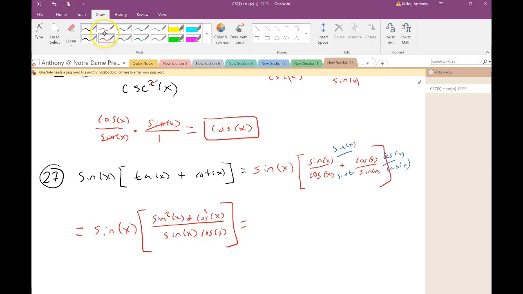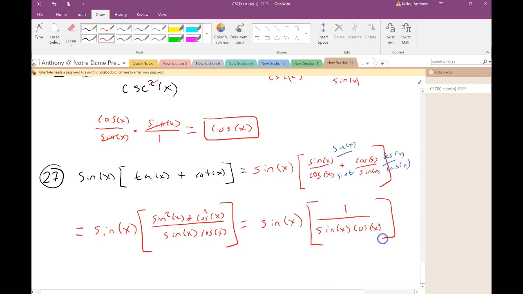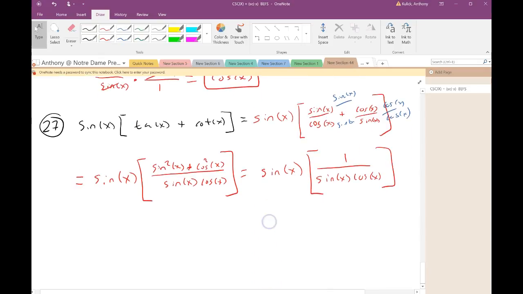Okay, so let's continue on. Somebody pointed out that the numerator of this is one of those things. What is sine squared plus cosine squared equal? 1. And now you can multiply this, and what's going to cancel?